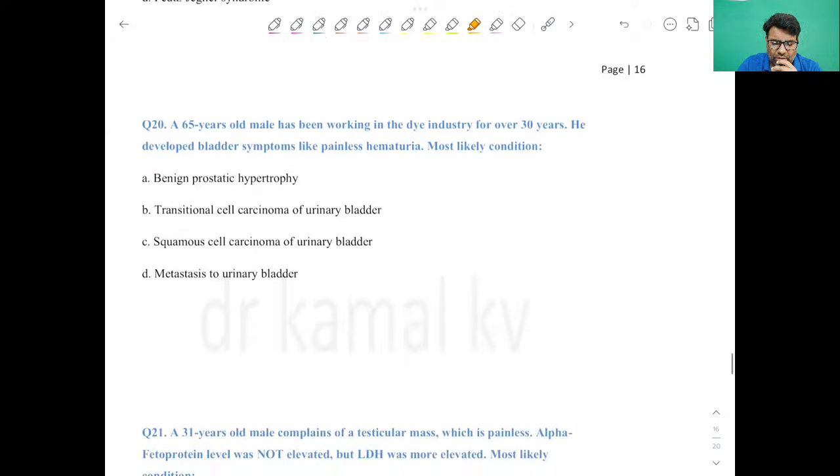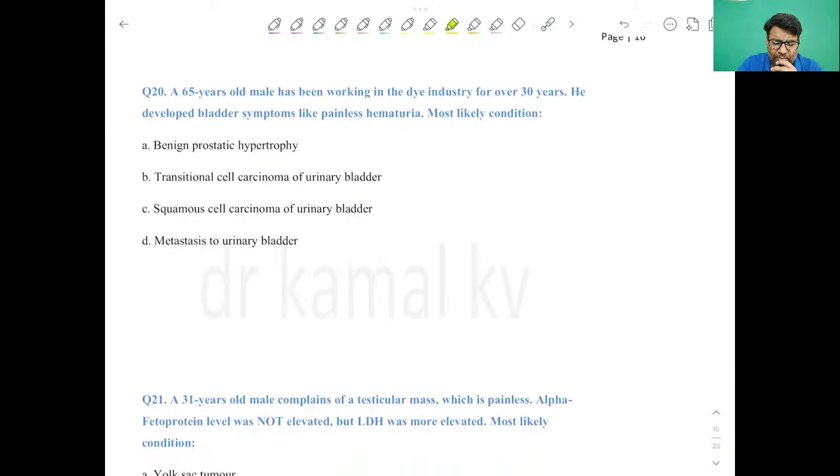Then moving forward to the next question, and here elderly male has been working in the dye industry, right? So the elderly male has been working in the dye industry for over 30 years and he developed bladder symptoms, especially painless hematuria.